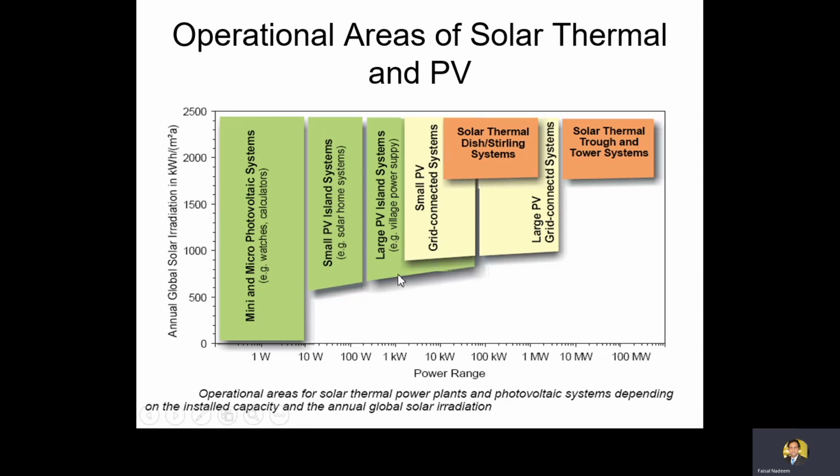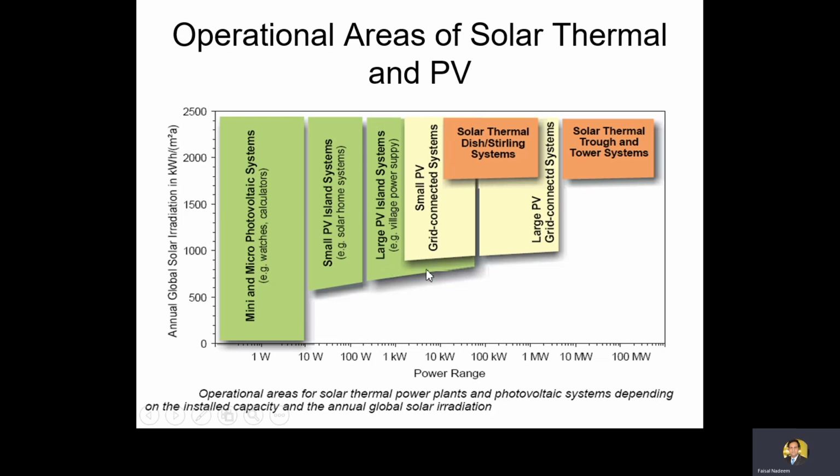Now again we have an example of large PV islanded systems. These systems are generally installed at a community level. For example, we can take a village, a small housing scheme, or a small walled community where these can be applied. We can even have these systems at the university level, in hospitals, or in any multi-story buildings, for example apartment buildings.